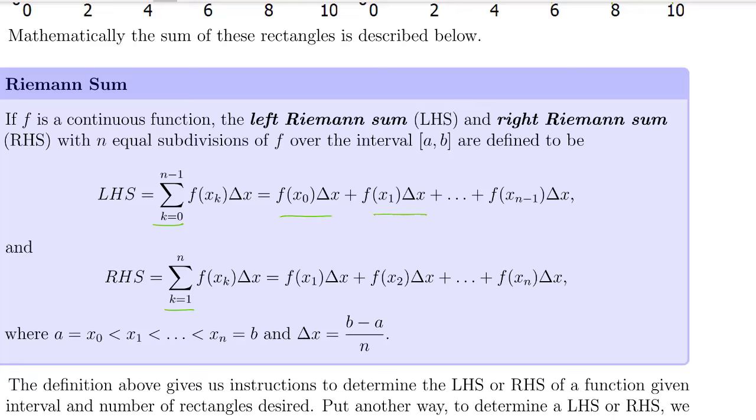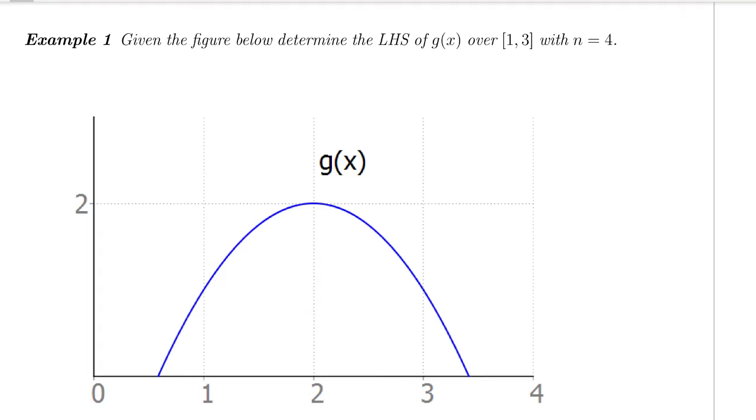So each of these terms are the areas of each individual rectangle. So this being the height of one of the rectangles, and delta x meaning the change in our width. So this is our width. So this is just the mathematical formulation. And as I mentioned, you don't need to memorize this because we'll discuss how this all works and how you can calculate left and right-hand sums for any function.